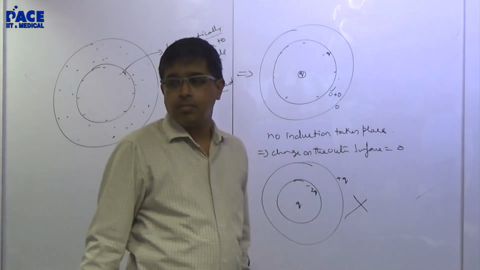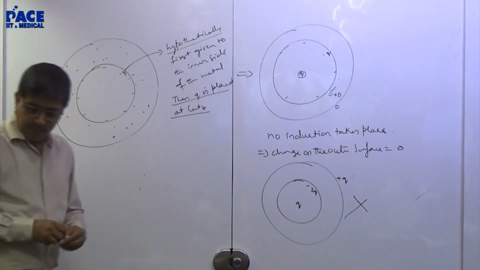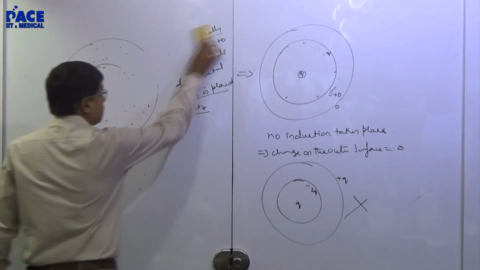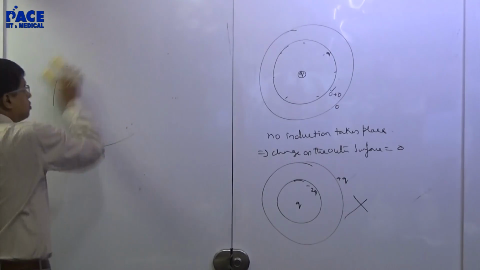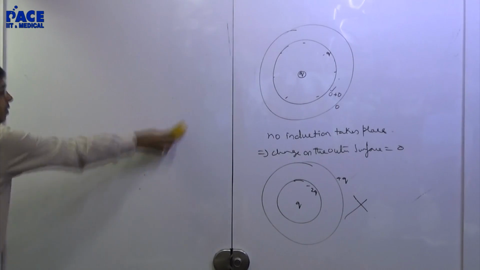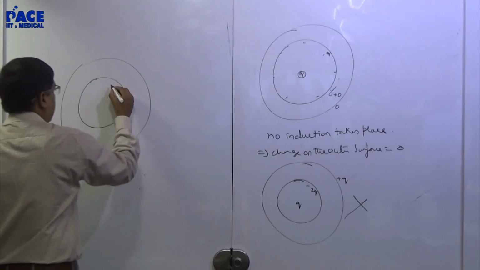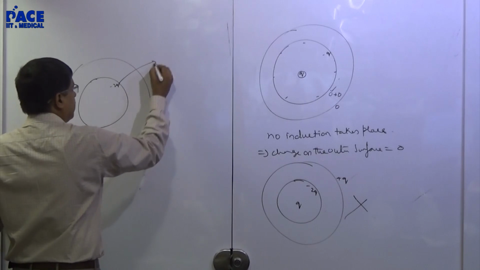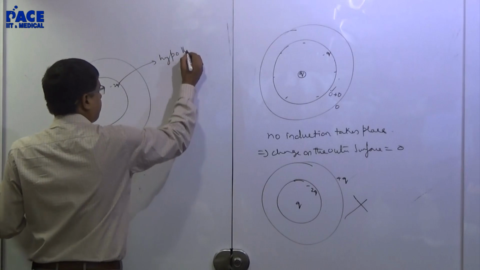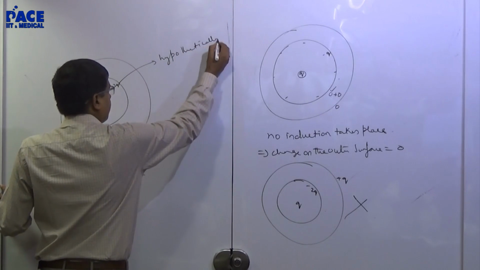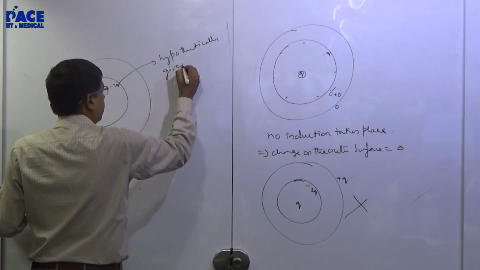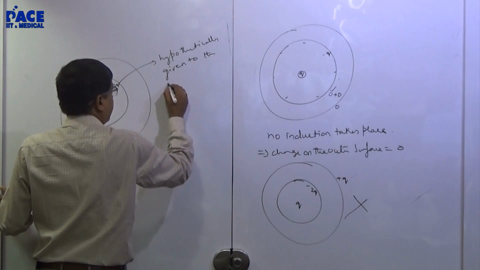So if we first introduce Q and then minus Q, will the positive charge on the surface disappear? Obviously. Suppose the same example, we slightly tilted this way. I tell you minus 2q is hypothetically given to the inner surface.